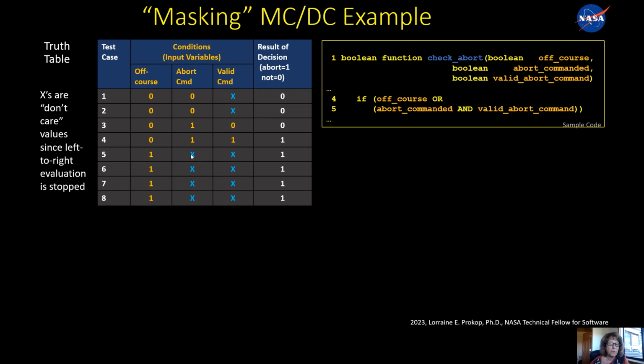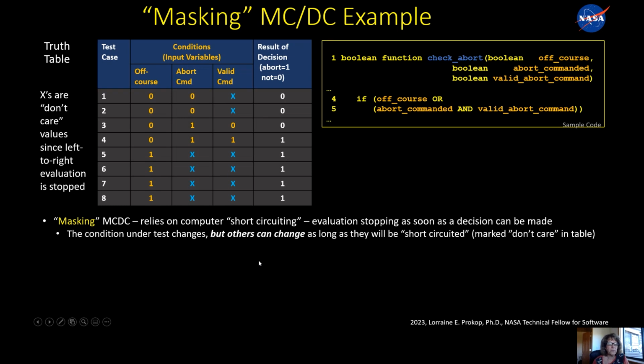If you look at the lines in this truth table, lines 5 through 8, whenever the off course is a 1, these other variables are marked as don't care. You don't care. Similarly, in lines 1 or 2 for the abort command, if there wasn't a command issued, you don't have to validate it, so the valid command is marked as don't care.